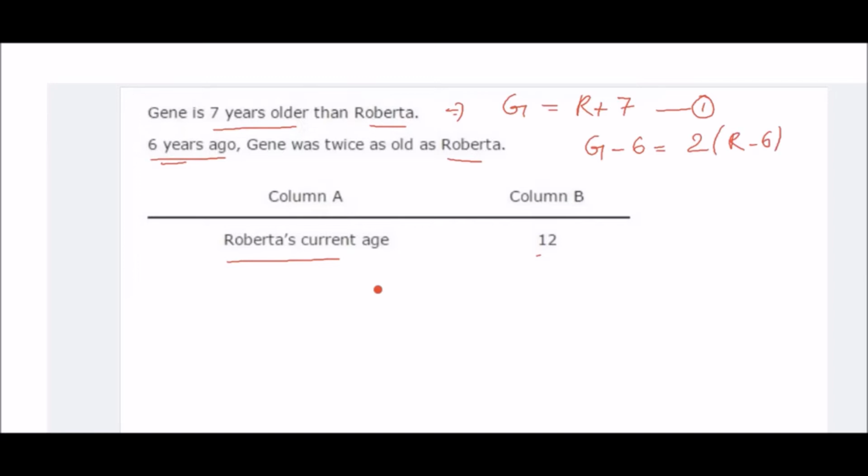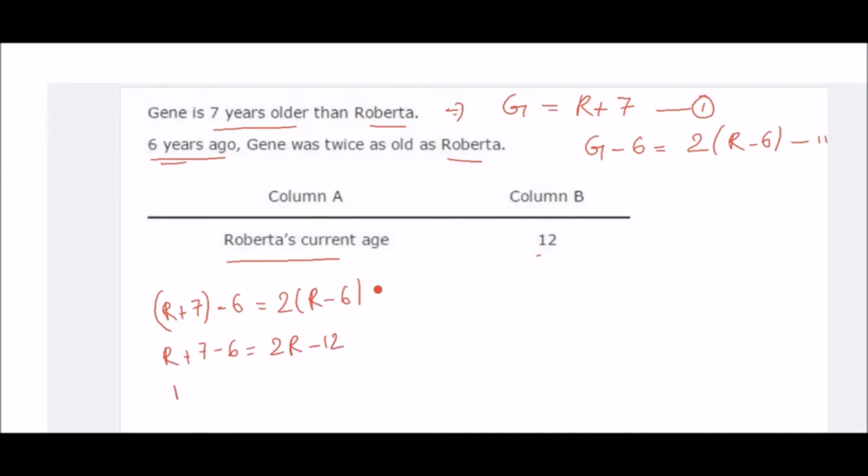For column A we have to find Roberta's age from equations 1 and 2. Substitute the value of J from equation 1 in equation 2, that will be R plus 7 minus 6 is equal to 2(R minus 6). So R plus 7 minus 6 is equal to 2R minus 12.